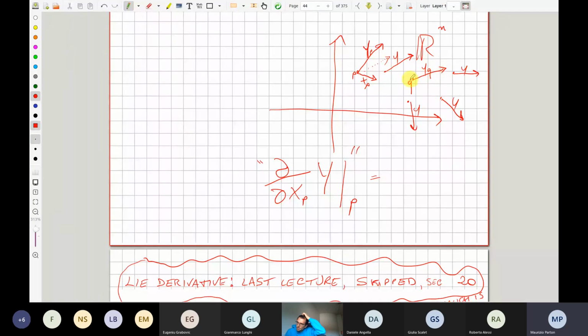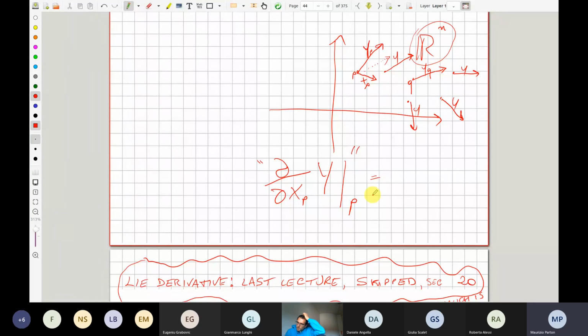The map is just given by parallel translation. I'm translating this vector in a parallel way, so I'm making a parallel transport of the vector. This is, in some sense, canonical in Rn.